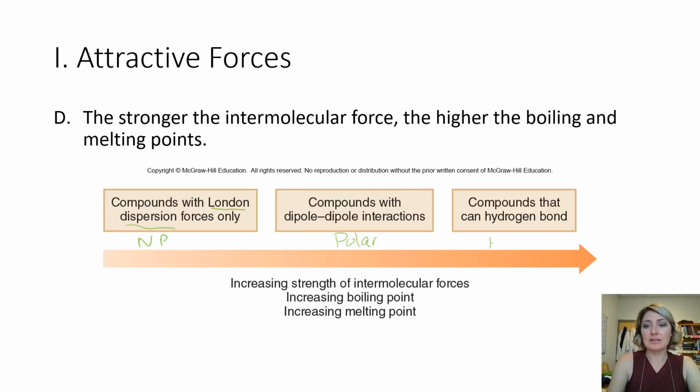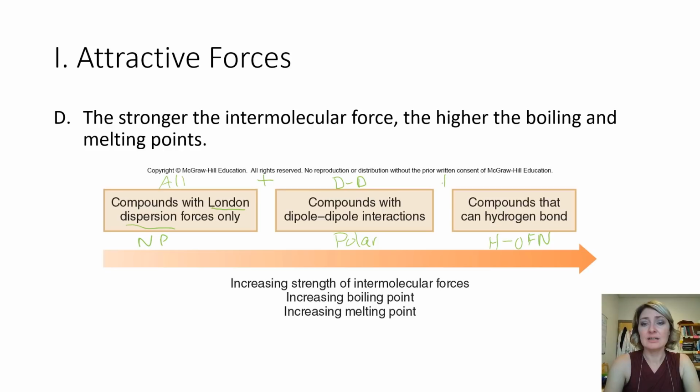And then finally, compounds that can hydrogen bond are going to be the strongest of all of those forces. And part of it has to do with the fact that all covalent compounds at least have London dispersion. If you have a polar compound, you are going to have London dispersion forces and you're going to have dipole-dipole. So you actually have two forces at work, which makes it a lot stronger and a lot more difficult to separate those two molecules because they're stuck together.